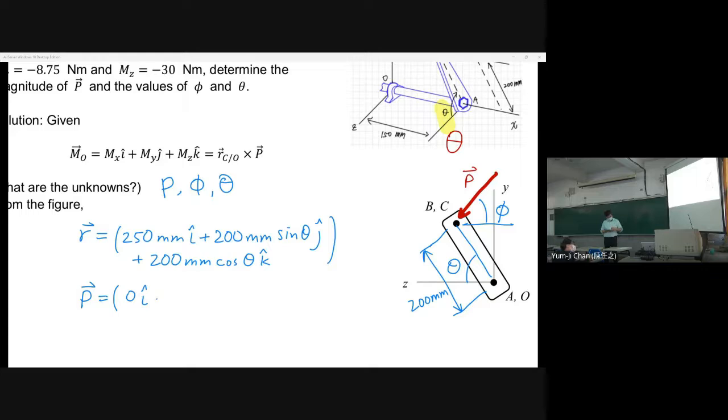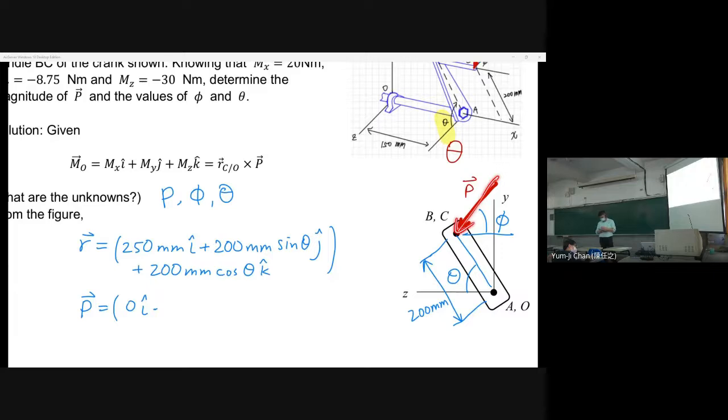And remember, plus y is going up, and P is going down. So what should we do? P is negative: minus P sine phi j plus P cosine phi k.